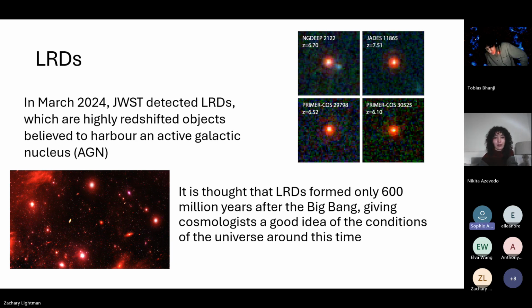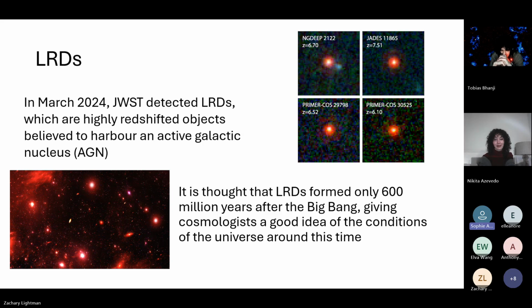So more observationally, this is quite new. In March 2024, JWST detected these things, LRDs. They stand for little red dots, and they're highly redshifted objects believed to harbor an active galactic nucleus. And there is quite a lot of evidence for this.